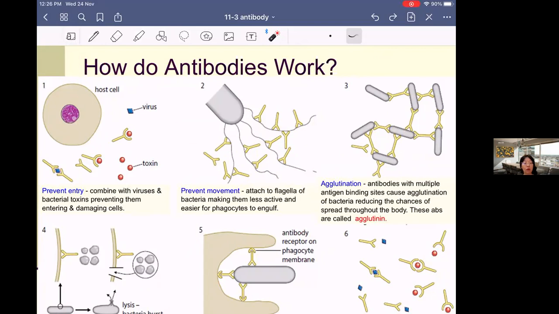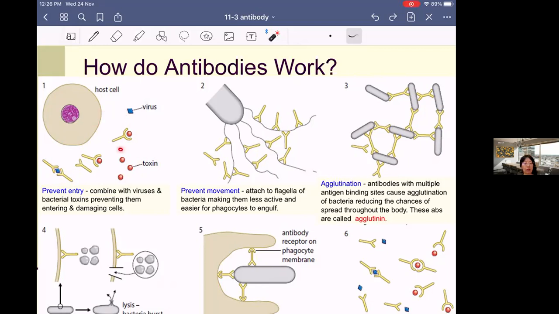When the antibody binds to the virus or to the toxin secreted by the bacteria, it makes the entire structure of the molecule bigger. When it's bigger, it can no longer enter our host cell, so it cannot act on and infect the host cell.